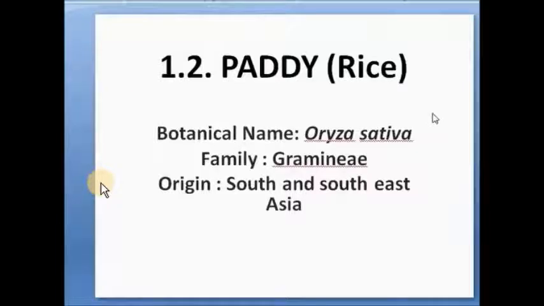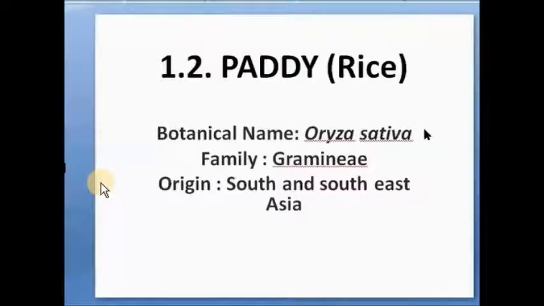The origin of paddy is the southeast part of Asia. Means there is no exact location, but rice is grown all over the world, and prominently it is grown on a large scale in South India.